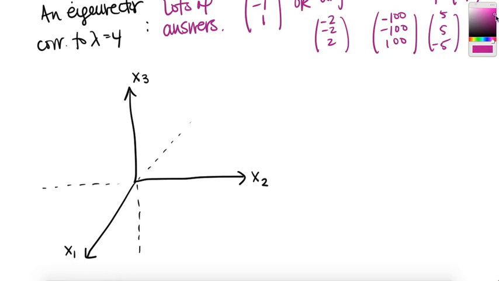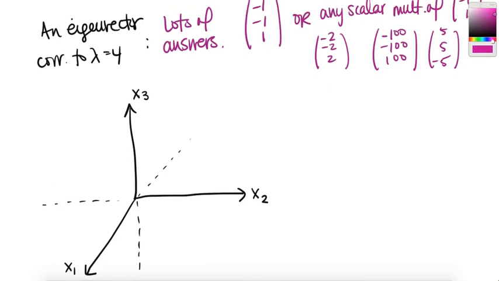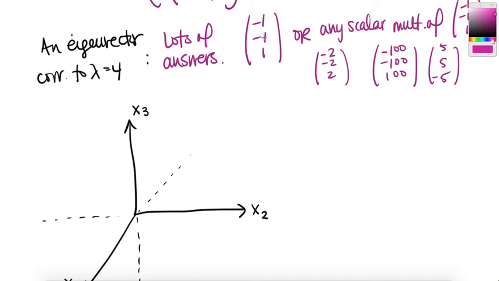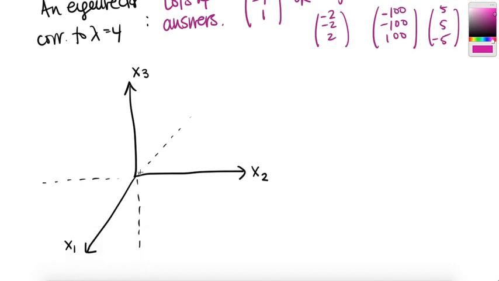Okay, so let's look at this. What we are saying is that our vector is -1, -1, 1. So -1 in the x1 direction is back. So let's go back here 1. And then -1 in the x2 direction is going to be 1 in this direction. And then up 1 in the x3 direction.